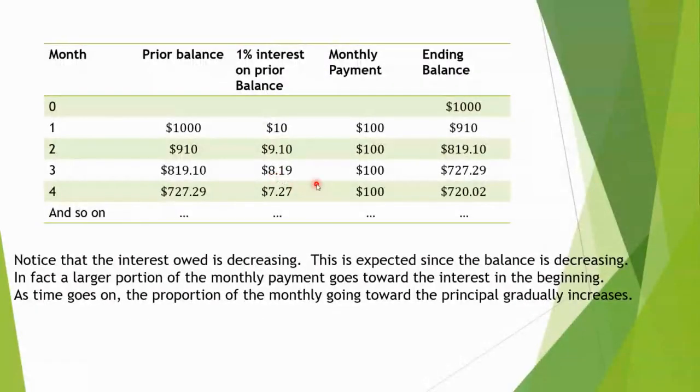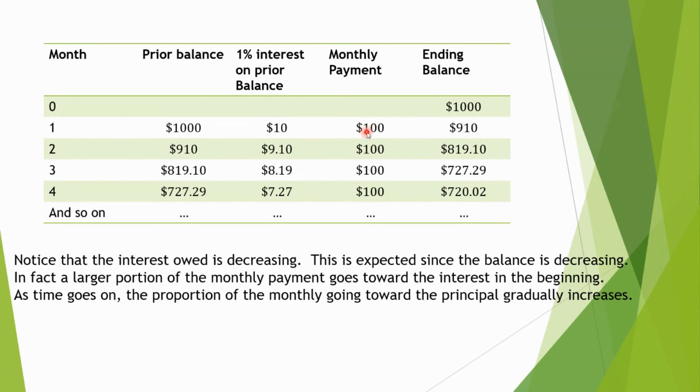Now, this is something the book mentions. I don't know how often this is going to come up, but I feel better saying it anyway. Namely, notice how the interest is largest at the beginning. Because of that, a higher portion of the monthly payment will pay off interest in the beginning.